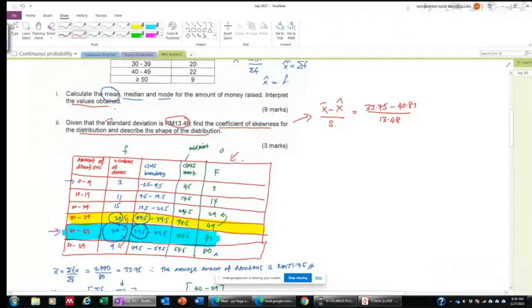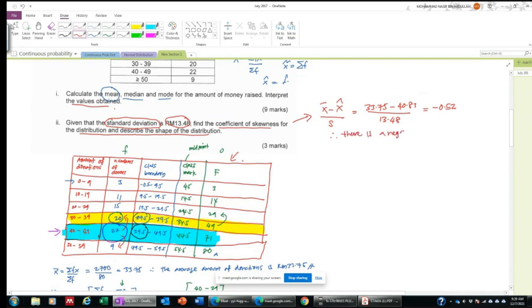And make sure they say standard deviation. If they give you the value of variance, then you need to take the square root of the variance. So this one should be equal to how much? It should be negative 0.52.